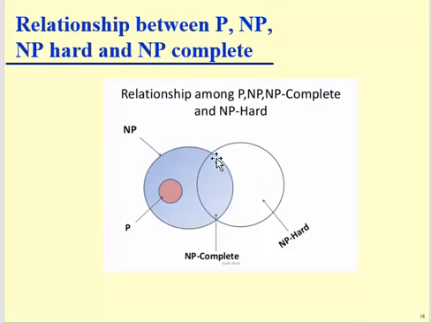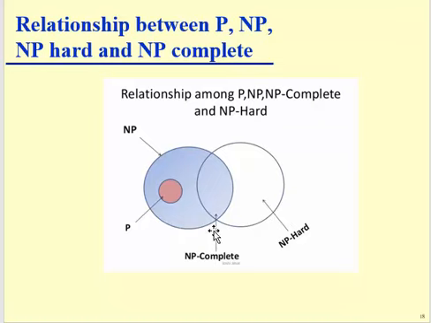Now, what are NP hard problems? In NP hard, it doesn't require NP hard problems to belong to NP. So this white region belongs to NP hard. But what is the condition for NP complete? That should first belong to NP, so within this circle those problems will come.